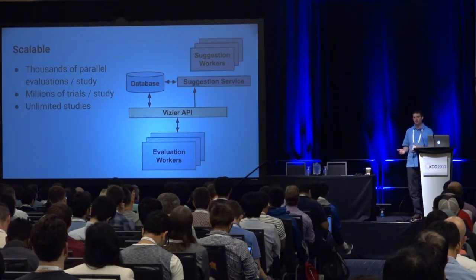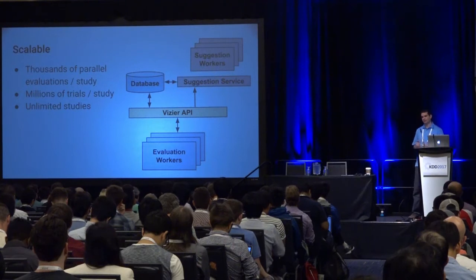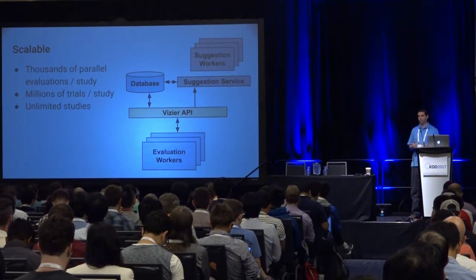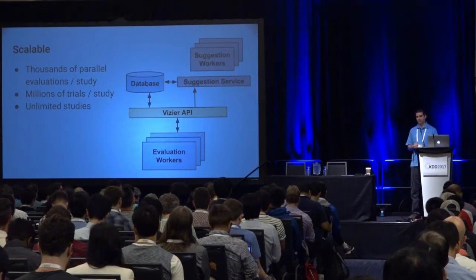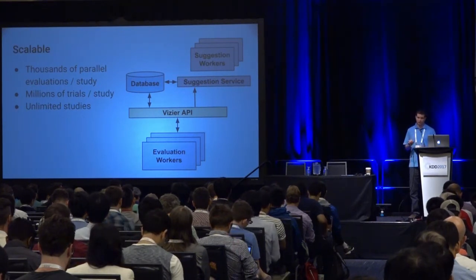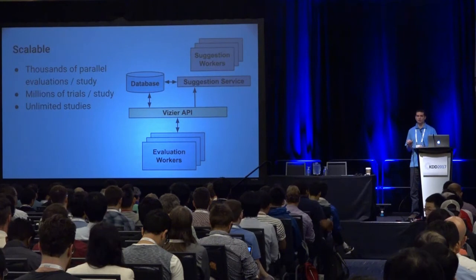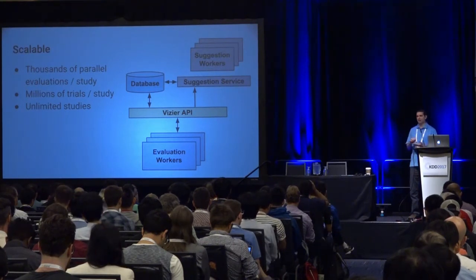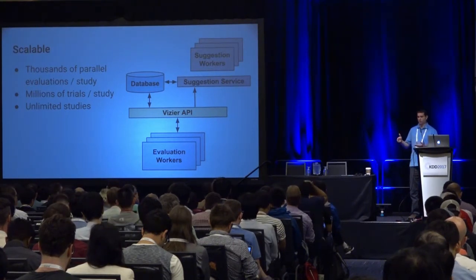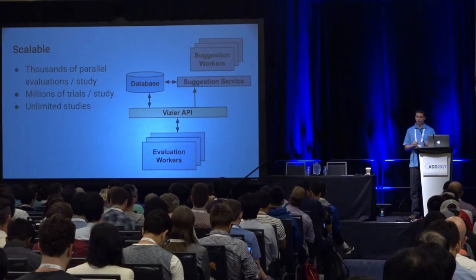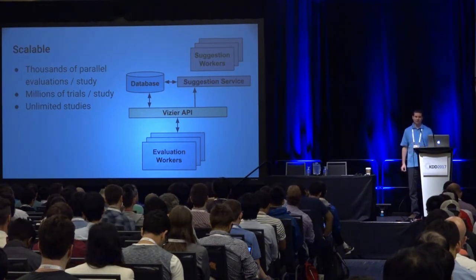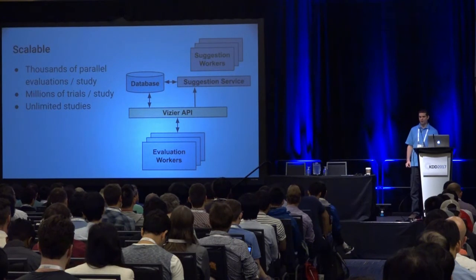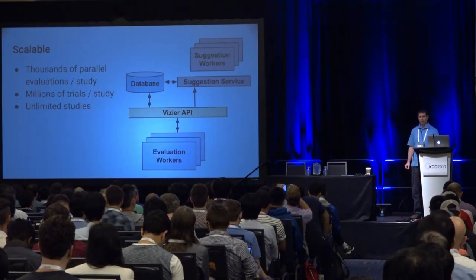So in the case that an evaluation worker wants a new trial to run, the Vizier API job will forward a request to a suggestion service. That suggestion service is backed by multiple suggestion workers. It also creates a token in the database which represents a request to generate a trial, a so-called long-running operation.